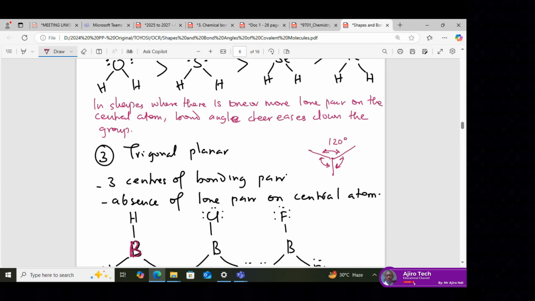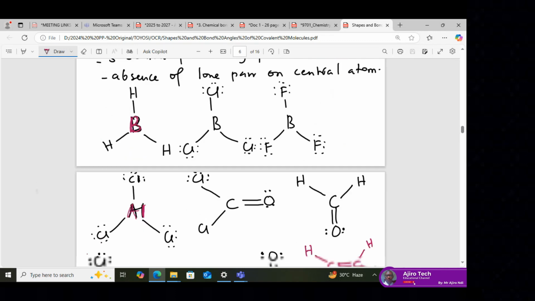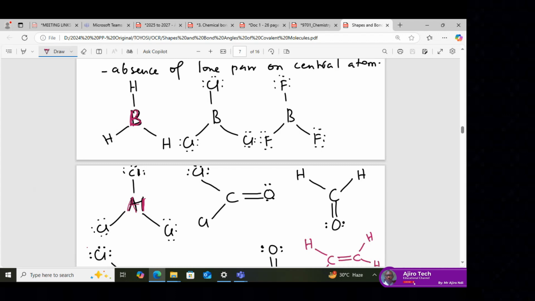So BH3, BCl3, BF3, AlCl3. What group is carbon? Group 4. It shares 2 with oxygen, 1 with chlorine, 1 with chlorine. Nothing left for it again: three centers of bonding pair and no lone pair.